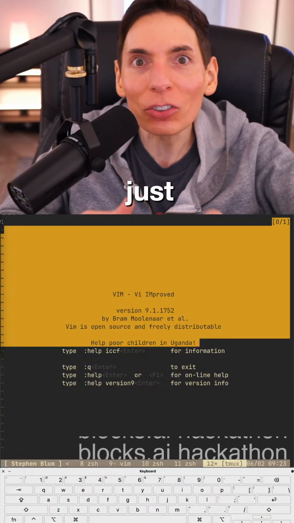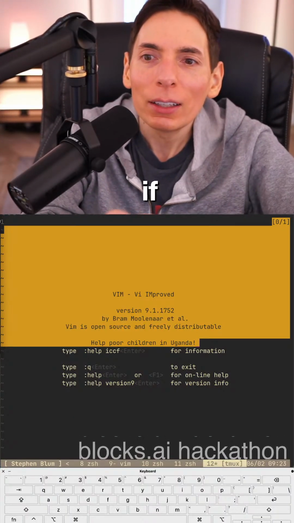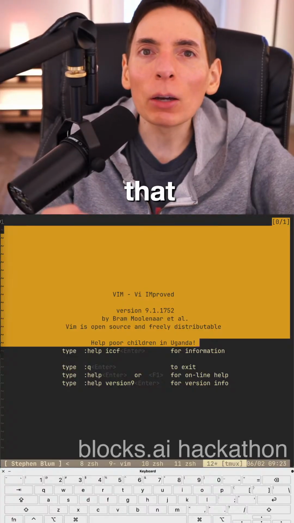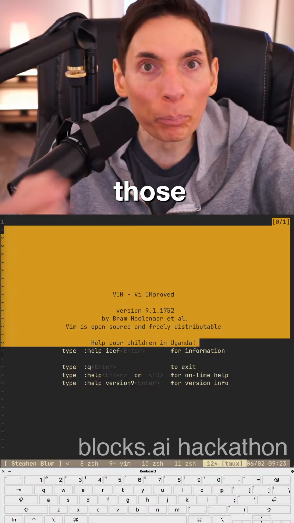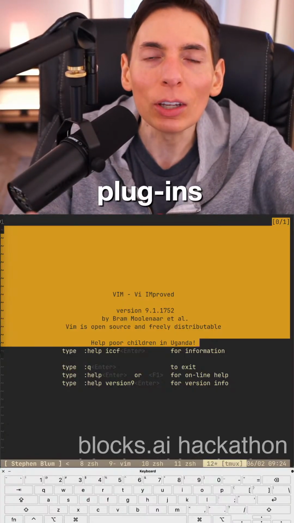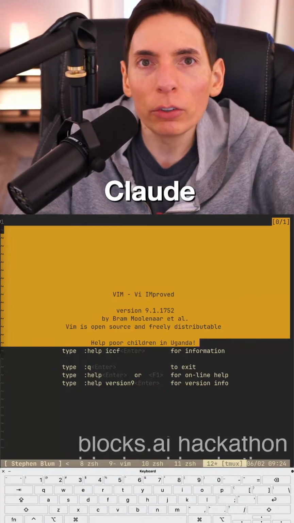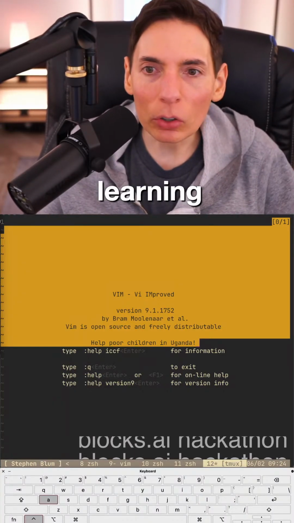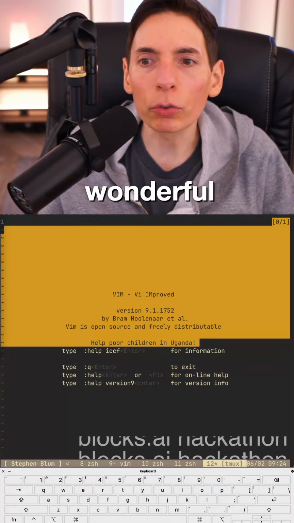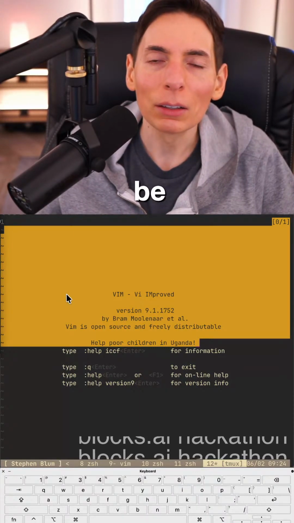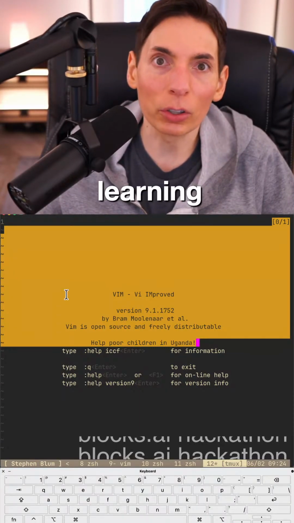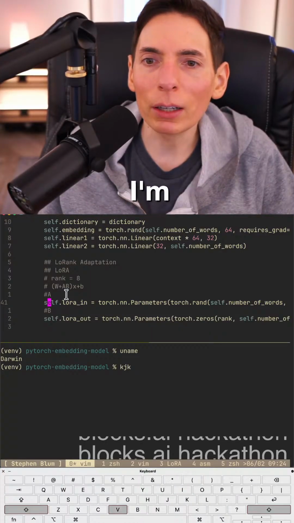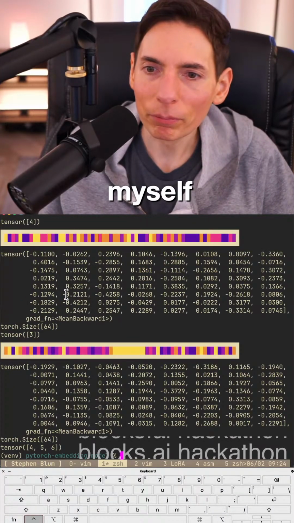I only ever just need to edit text. The good news is, if I'm going to do anything more advanced that would take advantage of those amazing NeoVim plugins, I'm just going to ask Claude to write it for me. Otherwise, if I'm learning myself, I feel like any of those wonderful plugins are just going to be essentially a hindrance to my learning. So when I'm learning, I'm going to type everything myself, right?